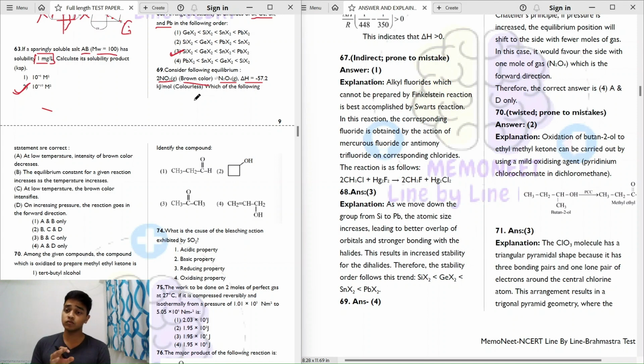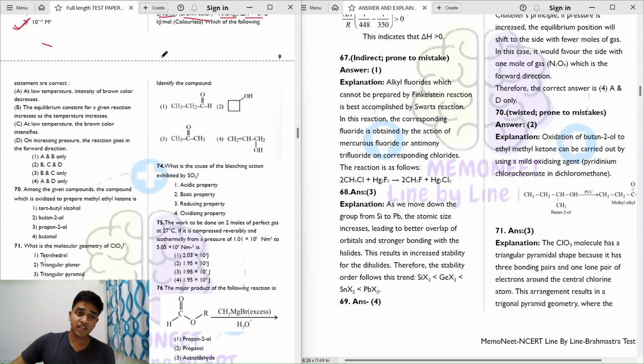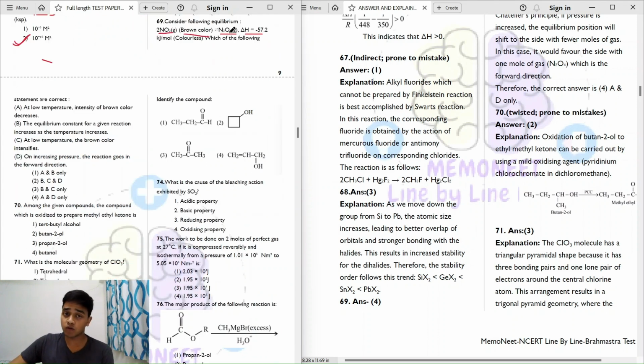So for this reaction, when we lower the temperature, the reaction will move forward towards N2O4, and N2O4 is colorless, so the intensity of the brown color will decrease. So statement A will be correct.